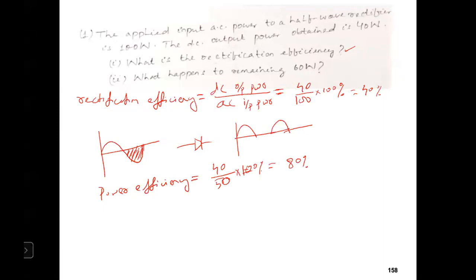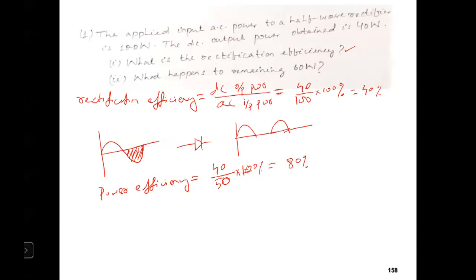Getting the point or not? Actually, if you calculate in terms of whatever you have given from the beginning itself, then it is 40% only. But if you consider how much the circuit is receiving, since the positive half cycle is only allowed, then the efficiency will be equal to 80%.